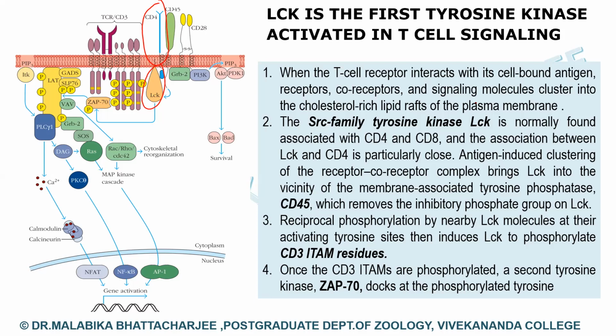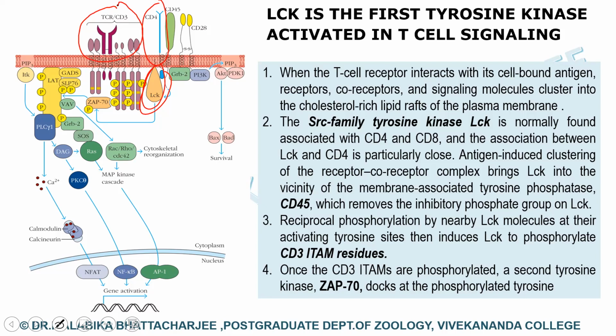So as I start telling you the story, we start with CD4, and you can see there is this LCK, a tyrosine kinase, which is associated with the CD4 or CD8 receptor. In this picture, they have shown the CD4 molecule. The moment the TCR CD3 complex binds with the peptide MHC complex and is activated, what happens?